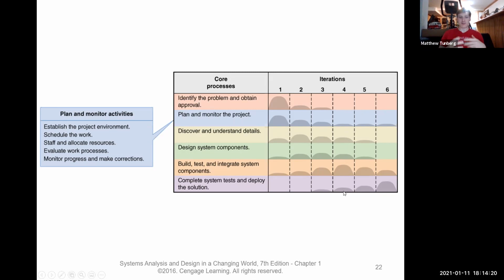And then you're slowly getting more into the actual completion of the project. Perfect. This is just an example. If you do it with your team, your bumps will be a little bit higher, lower, and different than this example. But you understand what's going on. More and more time is spent on the later phases of the SDLC as you move through your iterations.